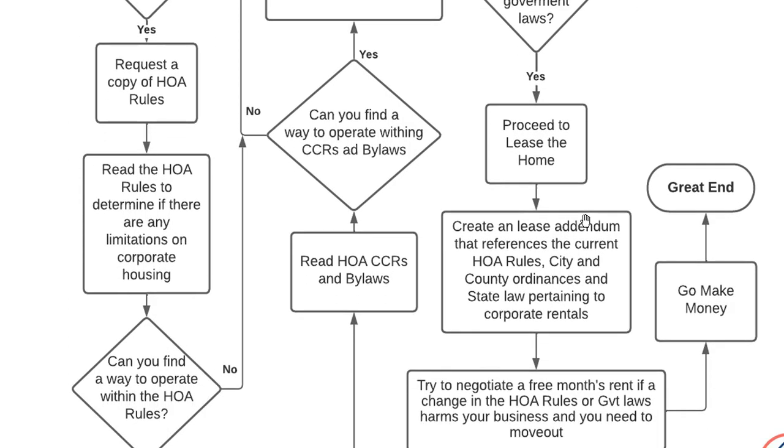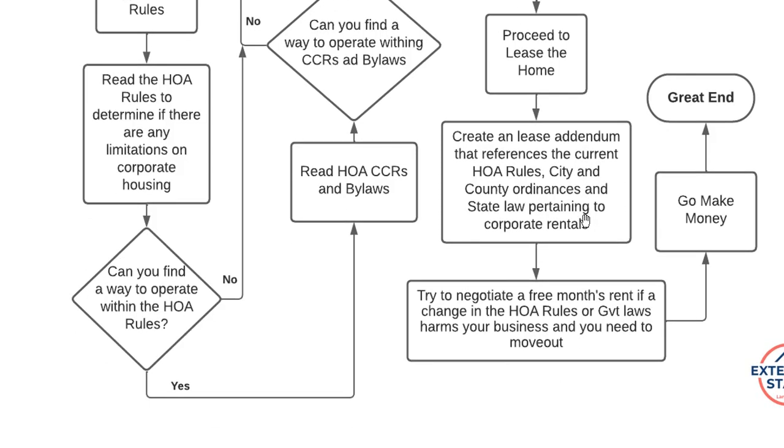But don't stop there. You want to create an addendum for the lease that references those current bylaws and the current HOA rules and the current laws. You probably want to make them part of an addendum, print them out. Things can change. A new board member can come on and change the HOA rules. That's the big risk. Or the laws can change.